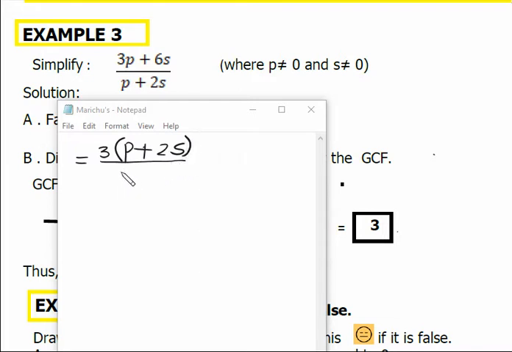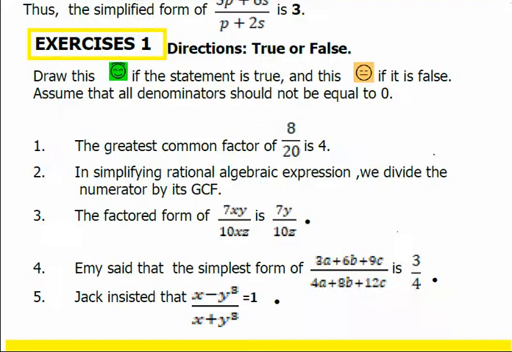And let's copy the denominator, p plus 2s. Since they are the same, we can cancel this. This becomes 1. The final answer is 3, as you can see here. Okay, we're done with example 3.